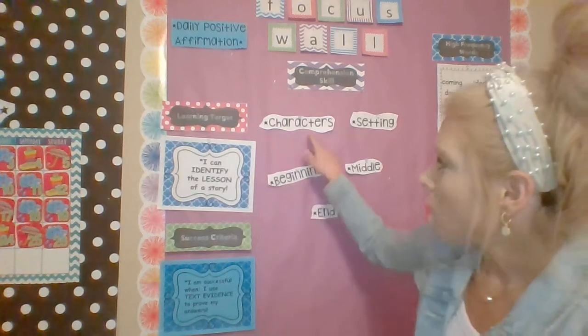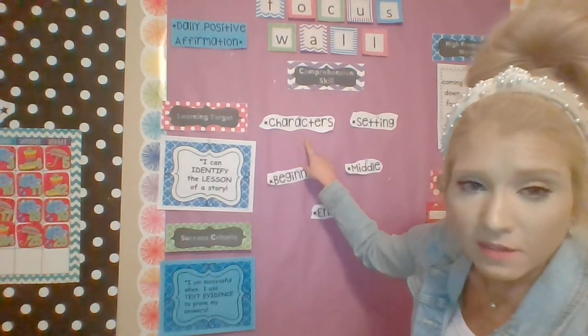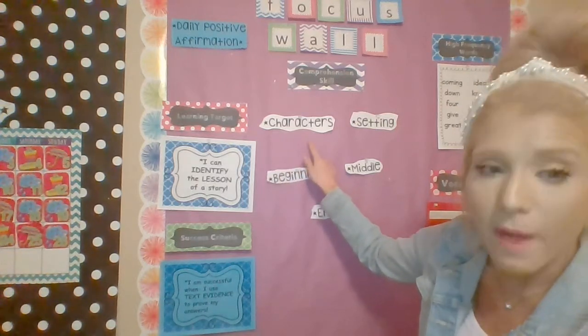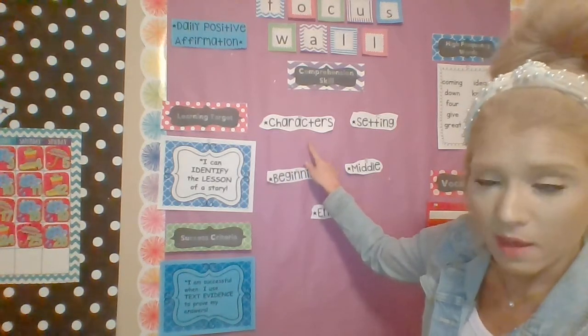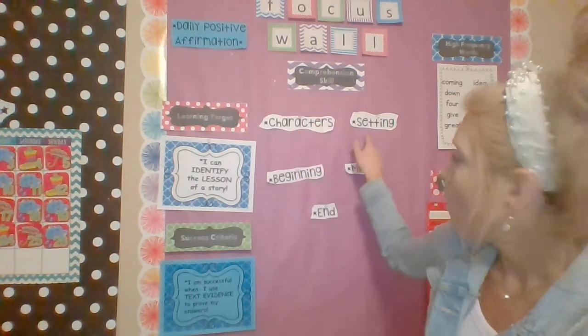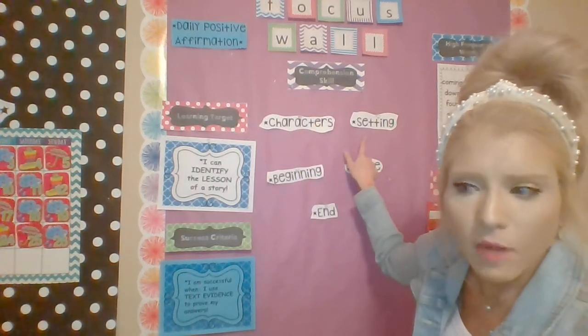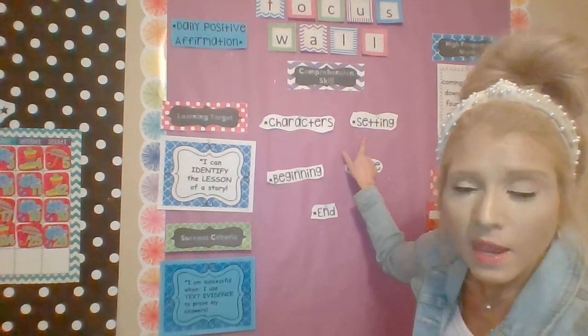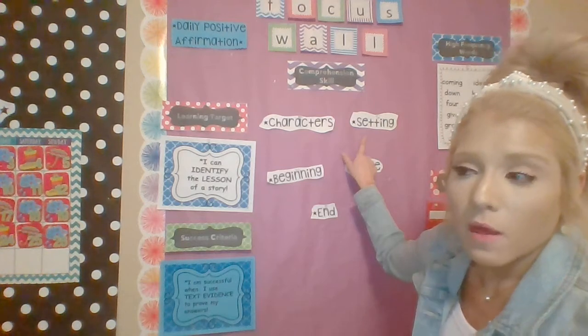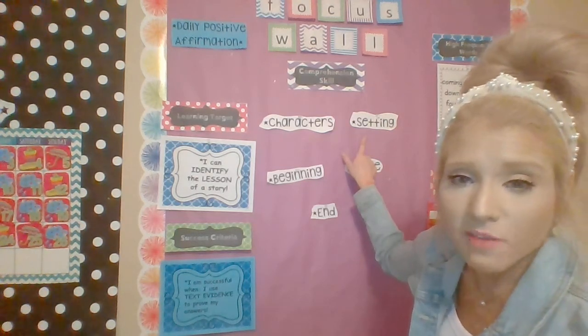So first, after we read and listen to the story, we need to identify who were the main characters. Okay. The next thing, after we figure that out, we need to figure out what was the setting of the story. And remember, the setting is when and where the story takes place. So the when is really important. That's the one people forget.